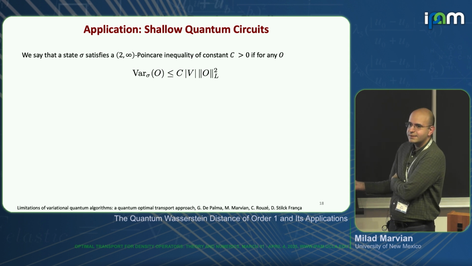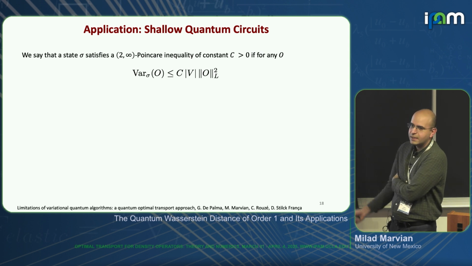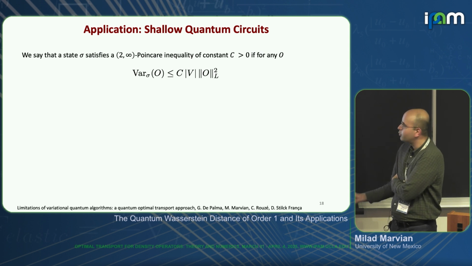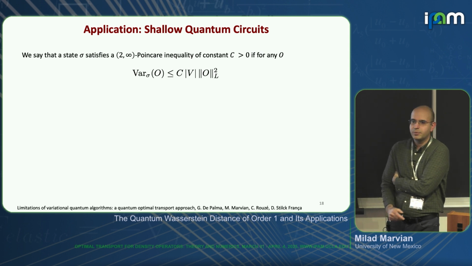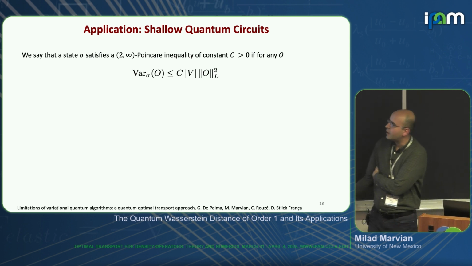We say a state sigma satisfies a Poincare inequality with a constant C if for any observable O, the variance of this observable with respect to this state is bounded by a constant that is independent of O and sigma, times the number of qubits, times the Lipschitzness of the operator. Importantly, this C needs to be independent of the observable and state.